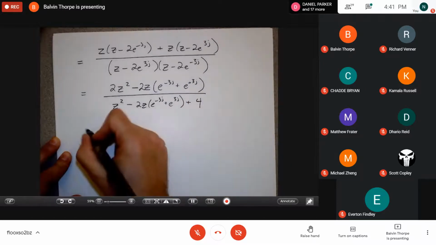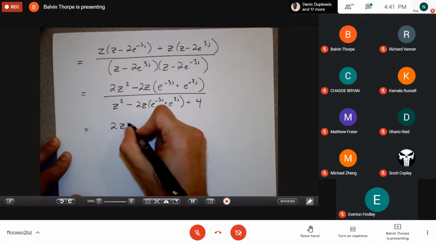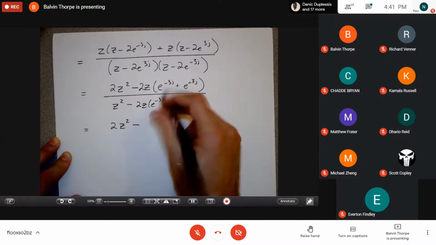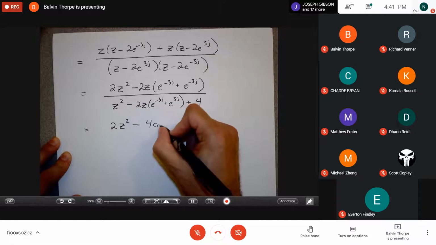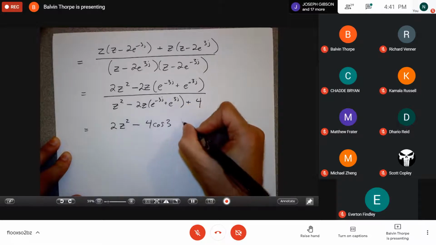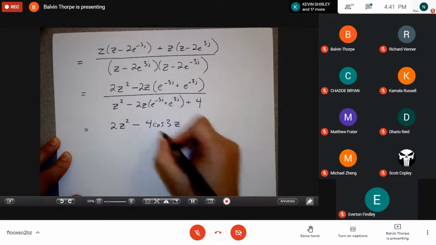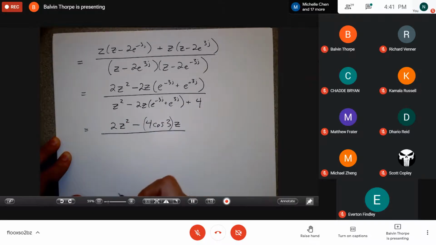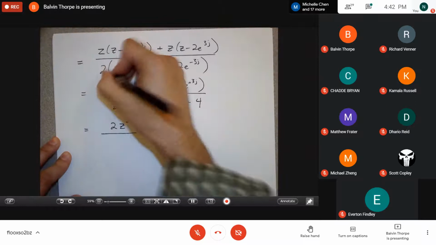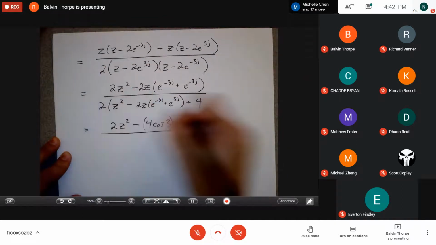So what I'm going to have is 2z squared minus, this thing is like 2 cosine of 3, so I'm going to get 4 cosine of 3z over, I think I lost a 2, there was a 1/2 floating around there, so there's a 2 times all this stuff.